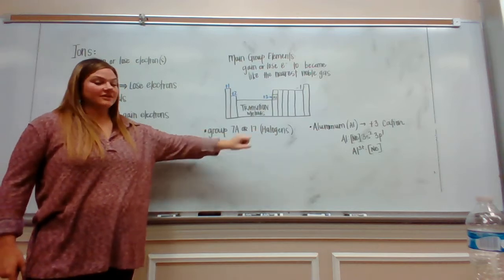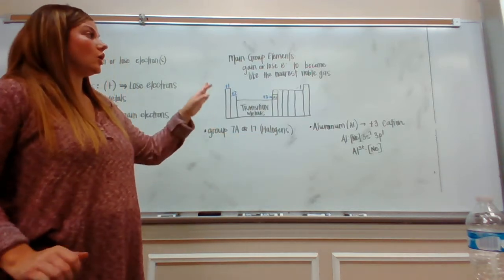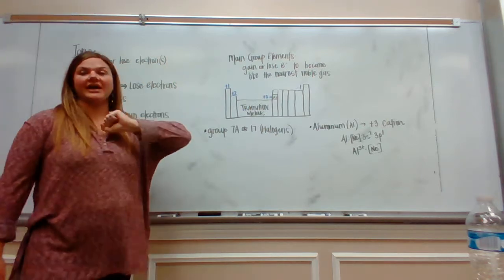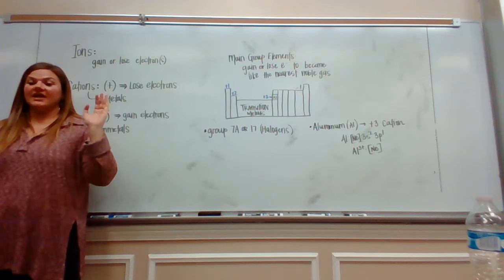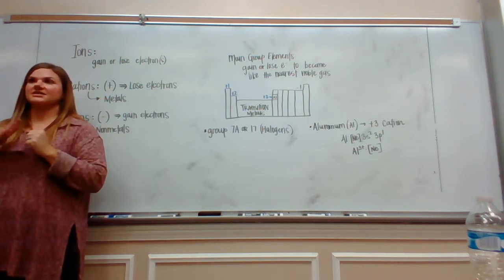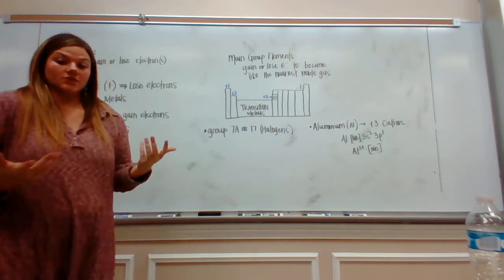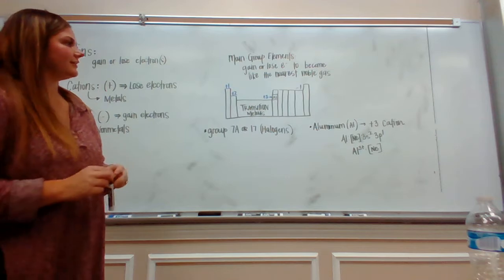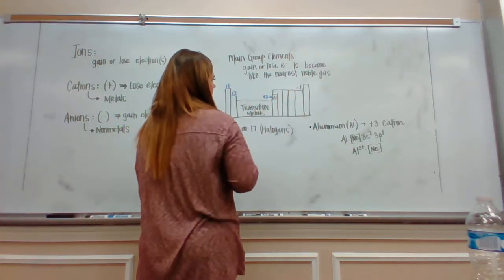These are called the halogens, and they are all 1 step away from a noble gas. So if they can all gain an electron, they'll be like the noble gas that occurs right after them. So that's what they do. They gain 1 electron. So everything in this row gains 1 electron.